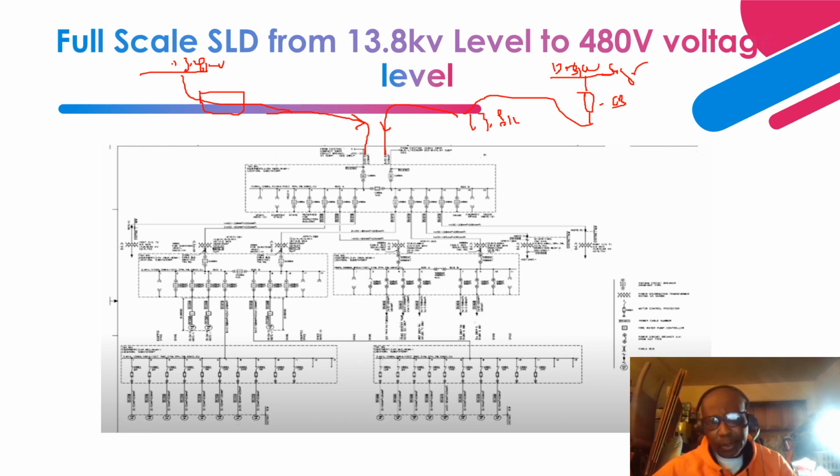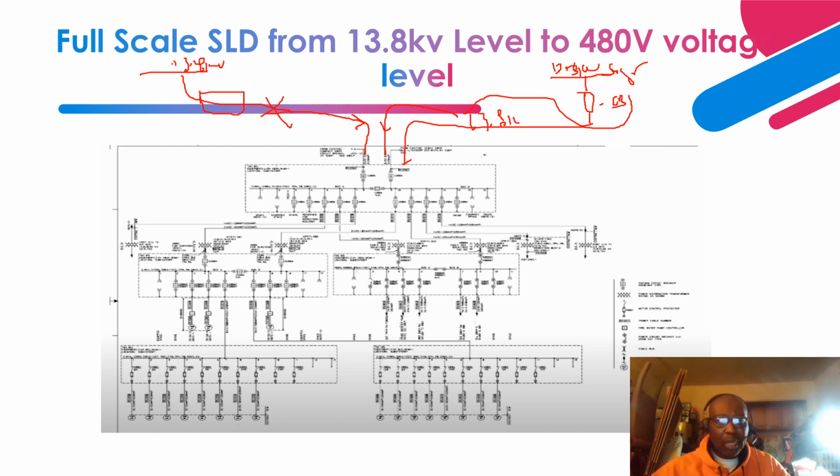When that happens, it becomes possible to close the tiebreaker, and if you lose a source, you should be able to power this switchgear from the other source by just closing the tiebreaker, right? So redundancy is implemented and is very important in the design of power system networks, and it also adds reliability and security for the power systems network.